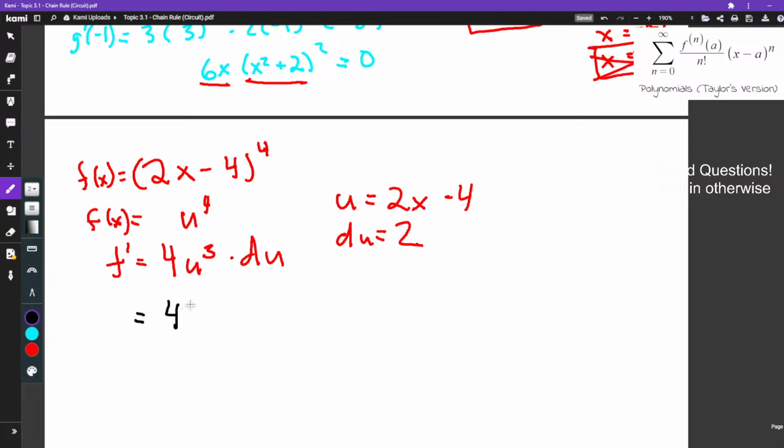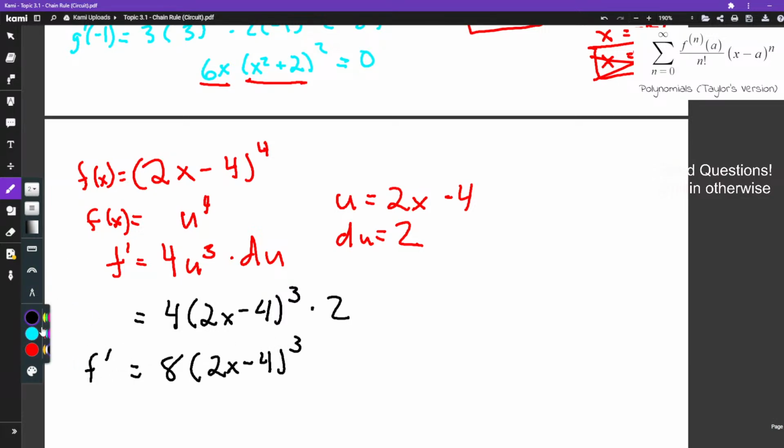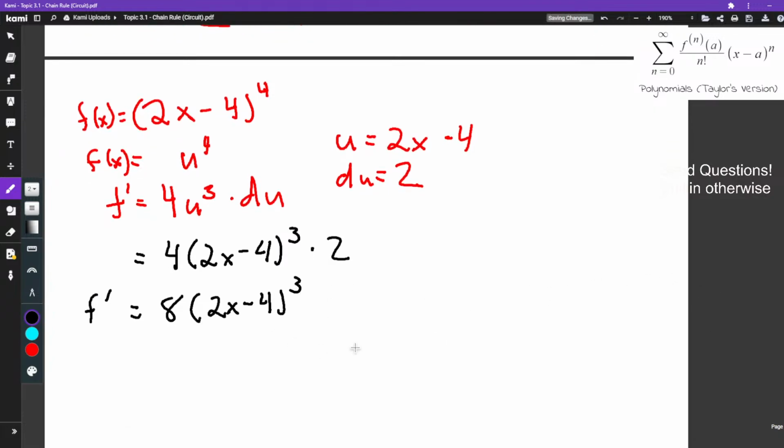We got 4 times 2x minus 4 cubed times 2. Cool. Multiply. We good. 2 comes out in the front. We have 8 times 2x minus 4 cubed. So this is my derivative, so it's all the slopes possible.